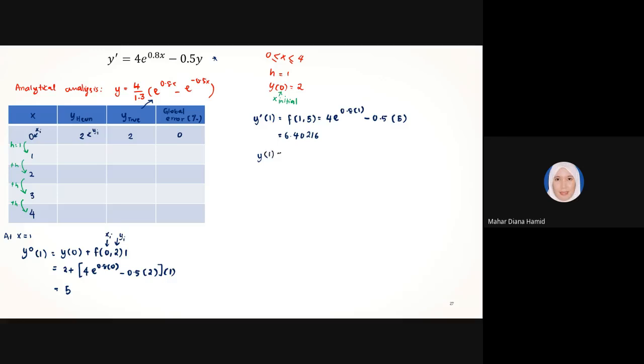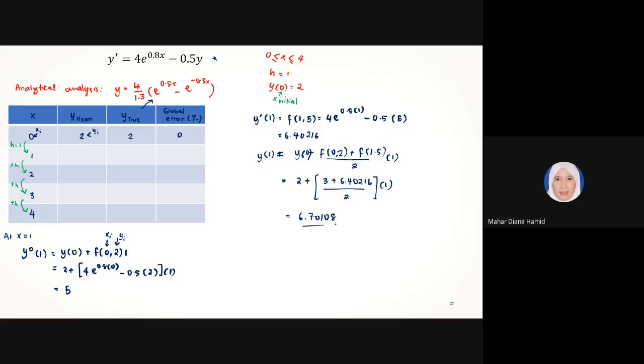So, oops, it's equal to, so this is actually, and you will get 6 point.